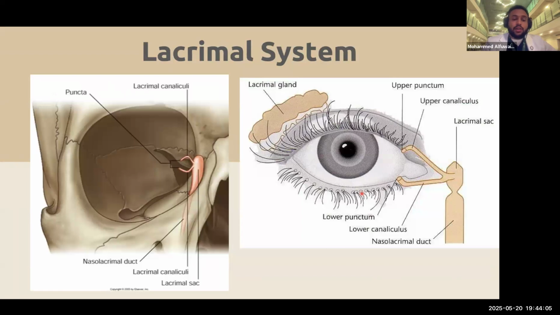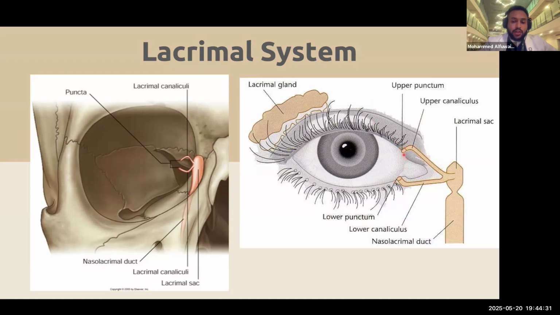Next thing is the lacrimal system. In the lacrimal system, as I said, laterally and superiorly, okay, you will have the lacrimal gland. The parasympathetic supply is from the facial nerve. We know this. Then the drainage of the lacrimal gland is through, for example, if we look at the medial canthus, which is this part over here of the eye, we'll have the upper punctum and lower.